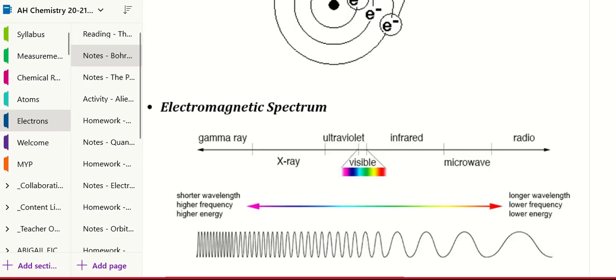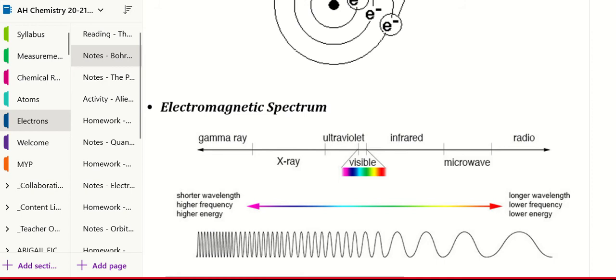So to understand what we mean by absorbing energy, releasing energy, energy this, energy that, light this, light that, we really need to talk about the electromagnetic spectrum. So if you'll go ahead and write electromagnetic spectrum, that's the term that we use to describe light. What you're probably most familiar with is light coming from light bulbs, right? Yes? That is what we call visible light.